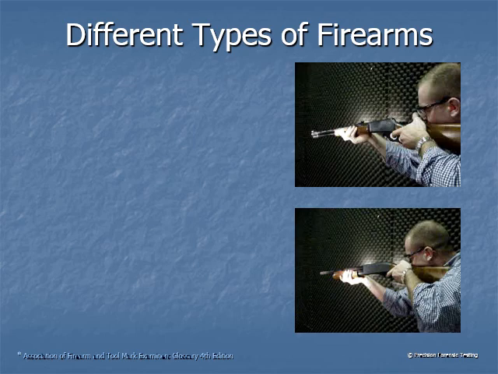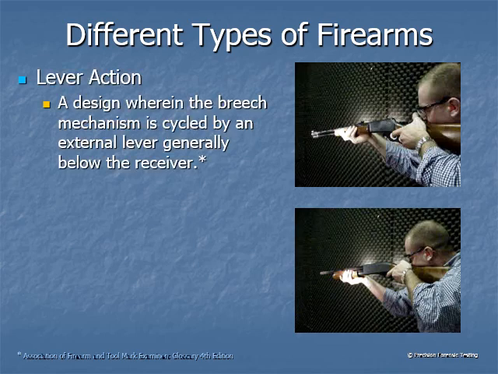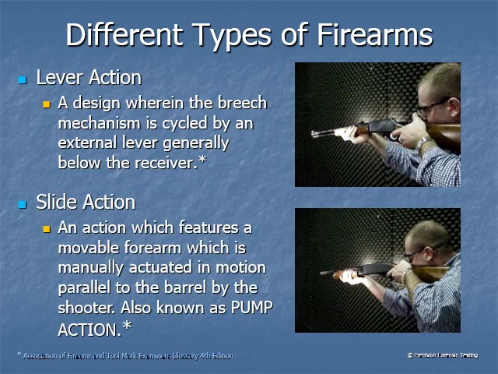Here we also see two other kinds of rifles. A lever action rifle, where the mechanism is cycled by what is termed a receiver, and what more people think of when they think of these cool firearms, a slide action.